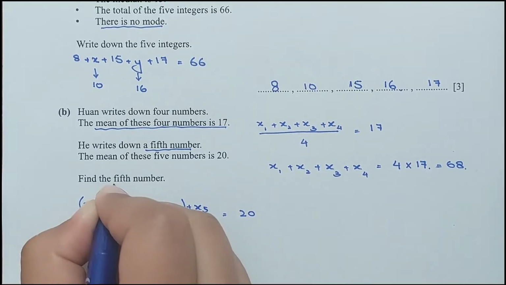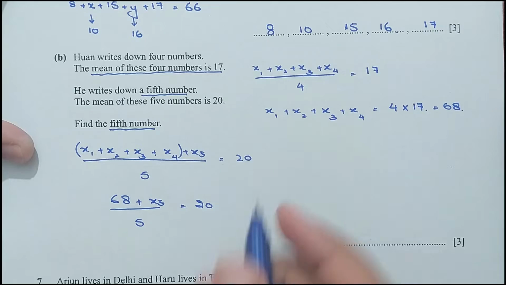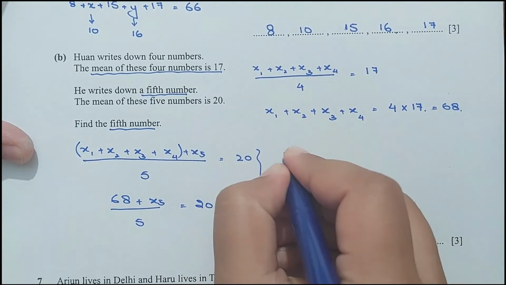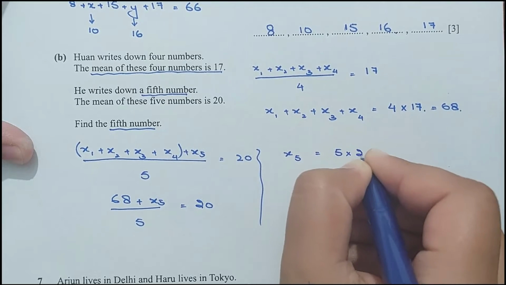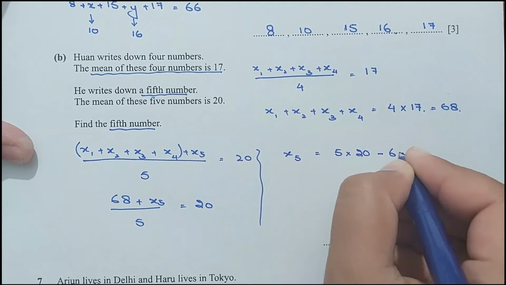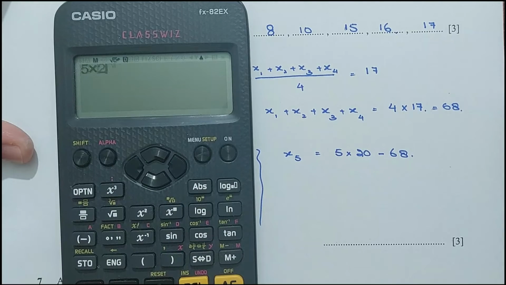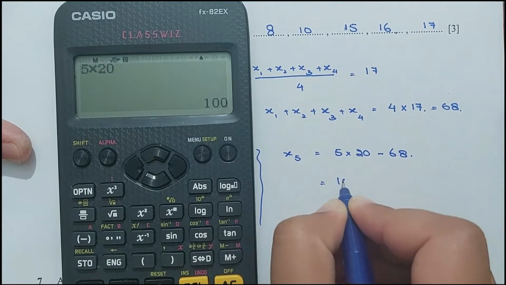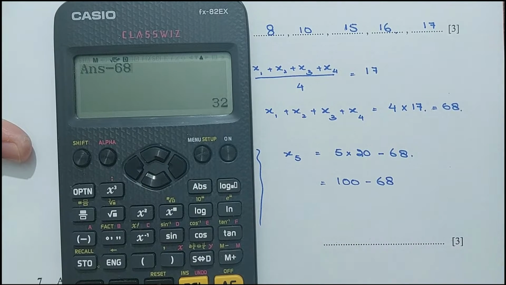The question is to find the fifth number, x5. So x5 should be equal to 5 times 20 minus 68. 5 times 20 is 100, and from 100 take away 68, that is, I guess, 32. Yes, 32.